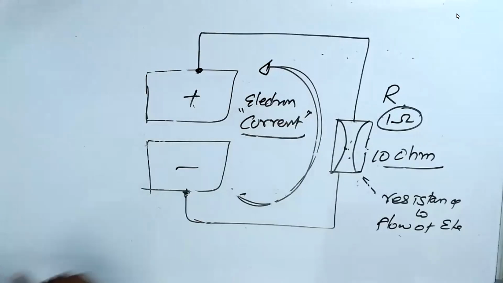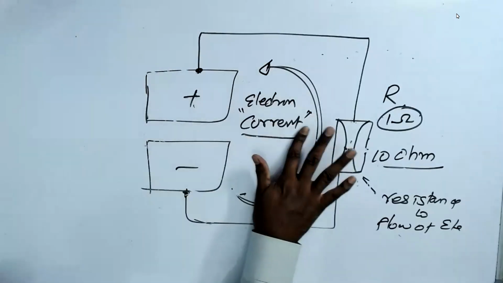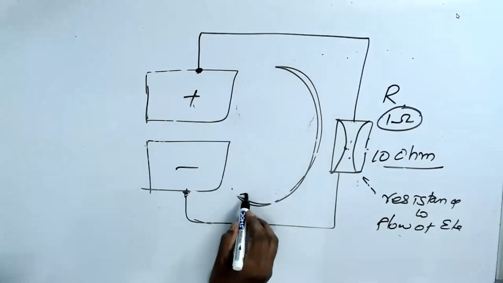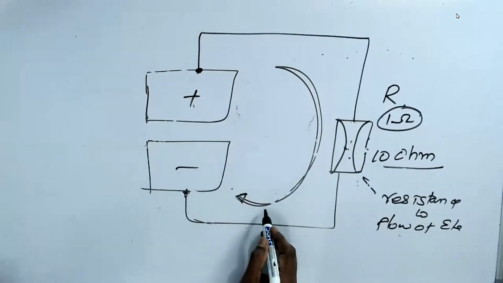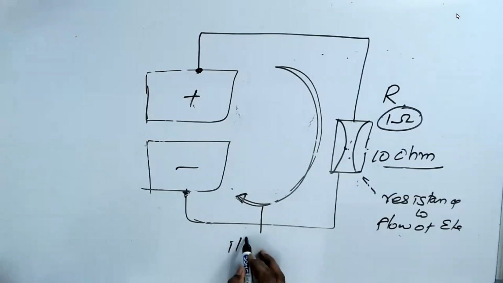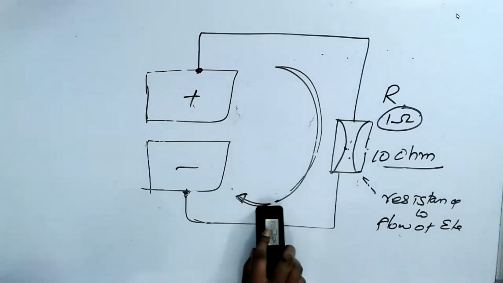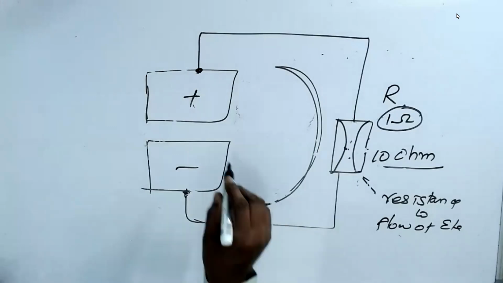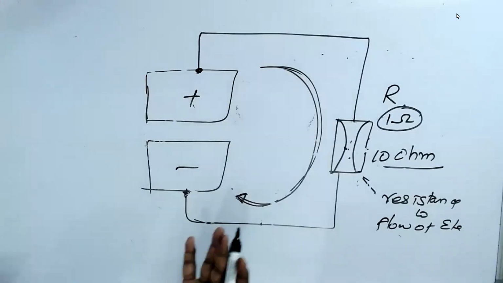Electron current means negative to positive. But this other current, which is not there, please understand, this is an illusion. There are no charges moving from positive to negative. None of that is happening. But people were told to follow it: this is current, positive to negative. Actually, it's not happening.